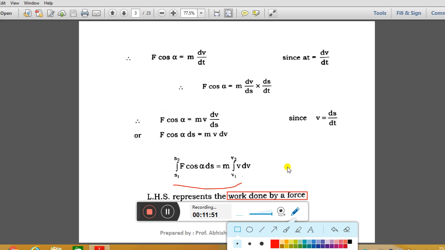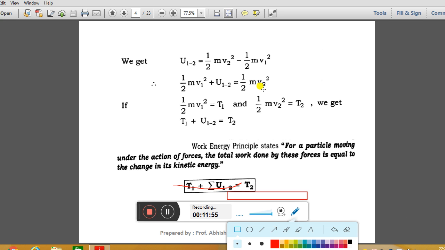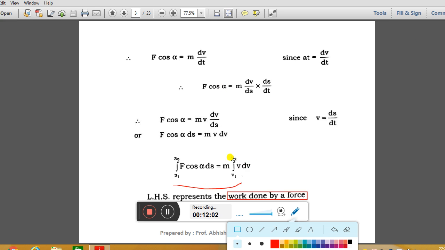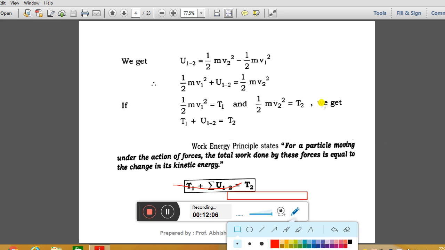Now take the integration of the right hand side and put the limits. So our equation will become like this. What is U12? U12 is the work done by the force.